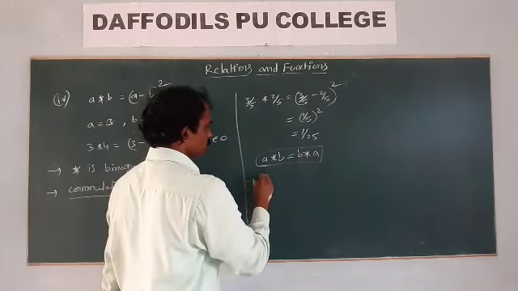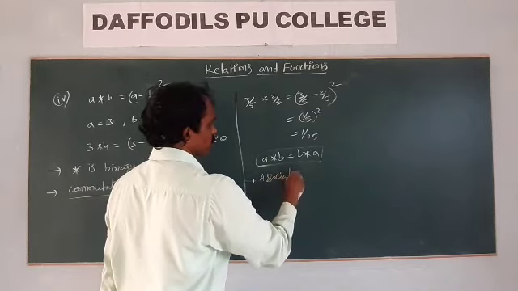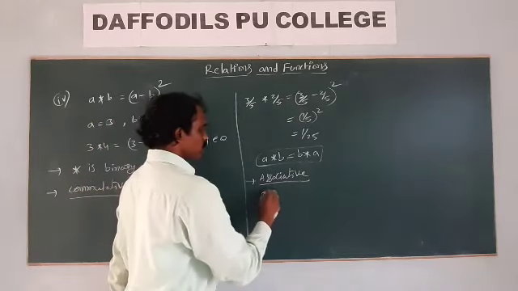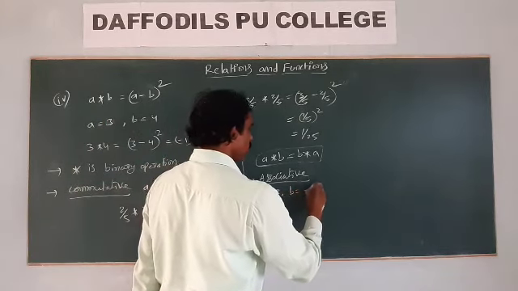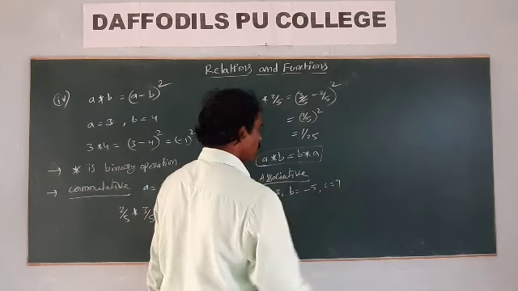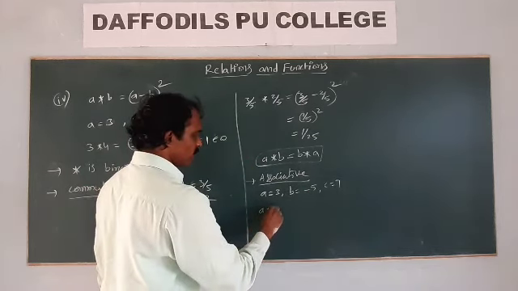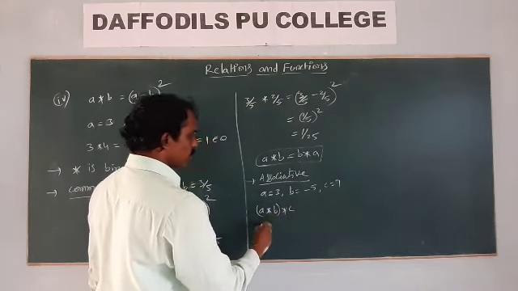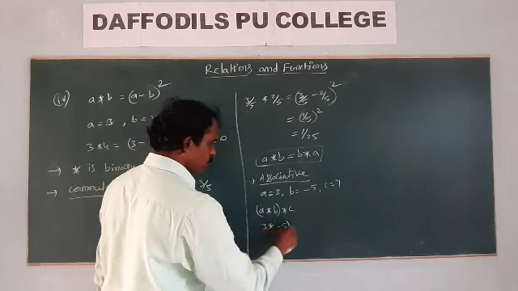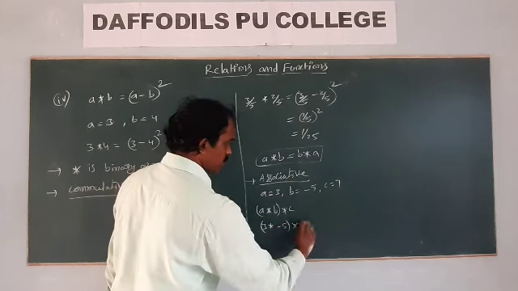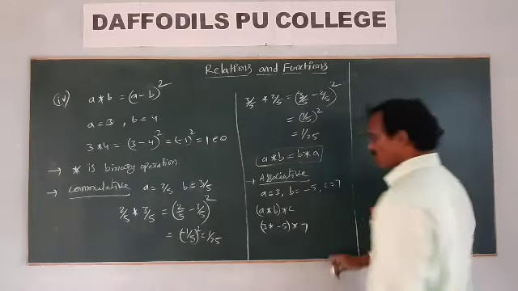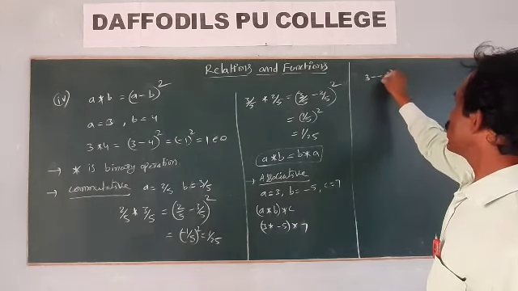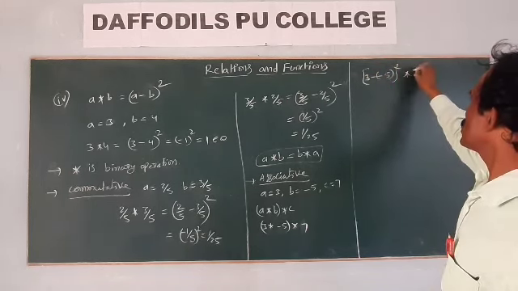Okay, now check associative. The numbers: A is equal to 3, B is equal to minus 5, C is equal to 7. First of all, A star B star C. First this one, 3 star minus 5 star 7. 3 star minus 5 means A minus B whole square. 3 minus of minus 5 whole square star 7.